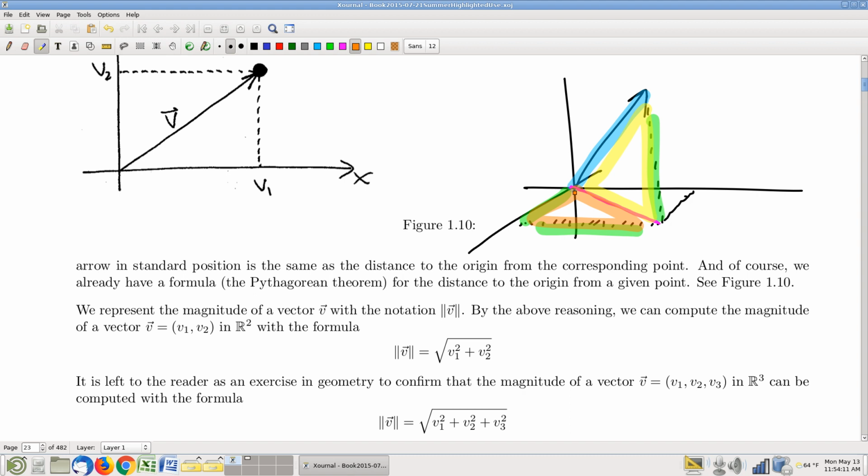But you can write down the Pythagorean formula for that: the hypotenuse of the orange triangle is a leg of the yellow triangle. Write down the orange triangle's Pythagorean formula and work the algebra around, and out comes this formula right here. Details for you guys. Please take the time to crank that out. Everybody good? All right. Okay.